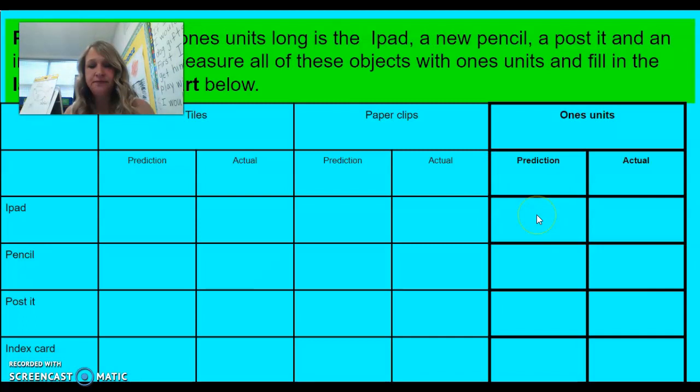Write it here. Then measure your iPad with the ones units and write it here. Do the same thing with the new pencil, the Post-it, and the index card. Predict, predict, predict, predict. Then actually measure with the ones units and write the actual measurement over here on the far right column.